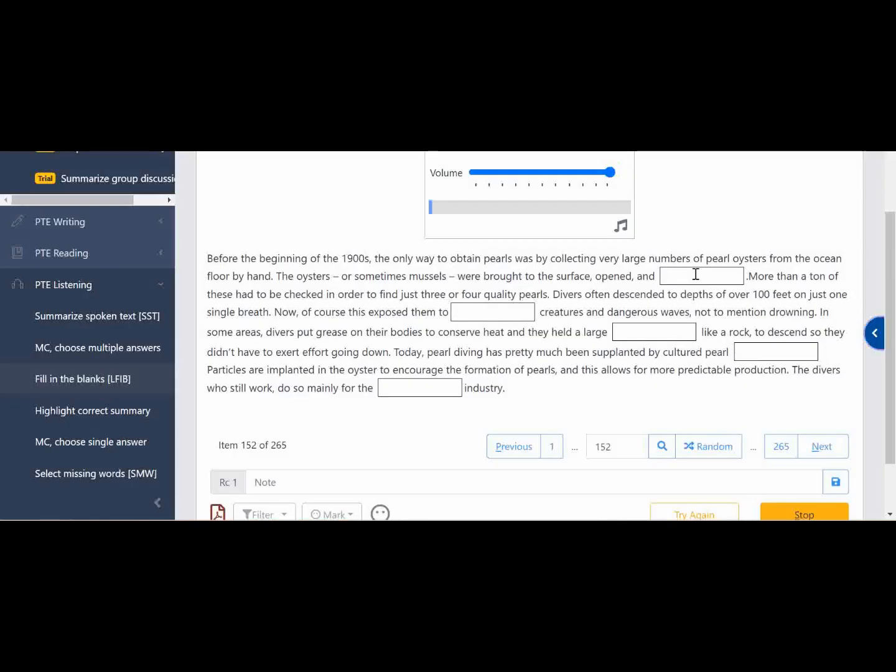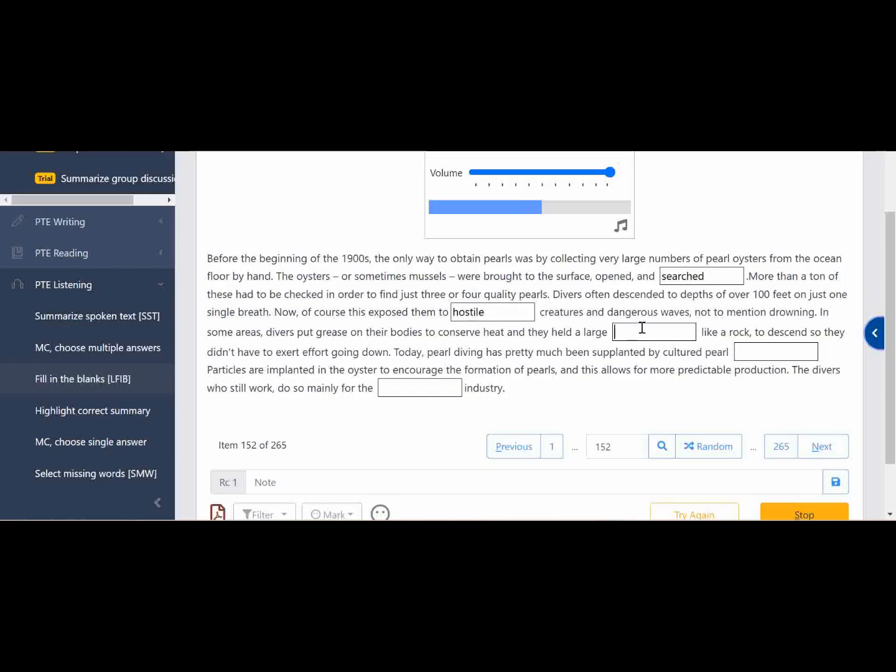Before the beginning of the 1900s, the only way to obtain pearls was by collecting very large numbers of pearl oysters from the ocean floor by hand. The oysters, or sometimes mussels, were brought to the surface, opened and searched. More than a ton of these had to be checked in order to find just 3 or 4 quality pearls. Divers often descended to depths of over 100 feet on just one single breath. Now, of course, this exposed them to hostile creatures and dangerous waves, not to mention drowning.